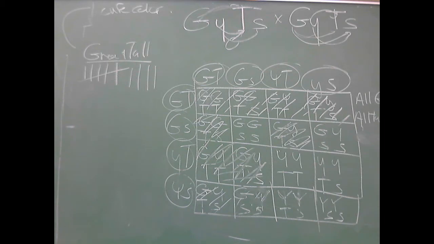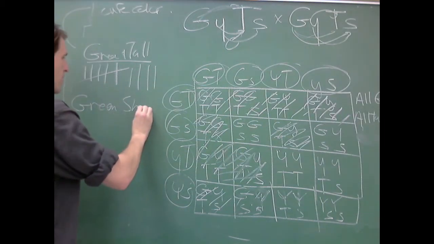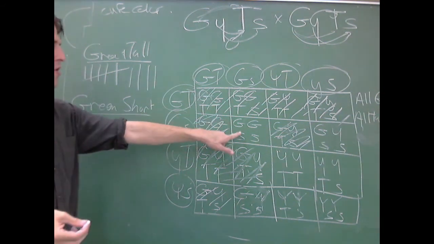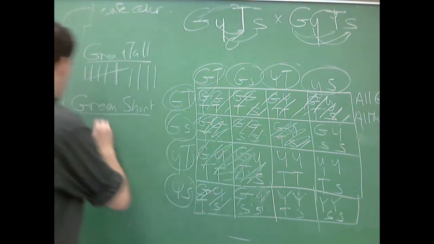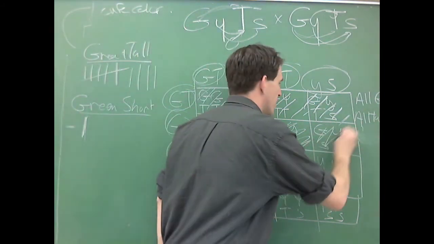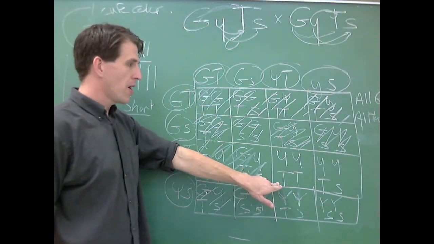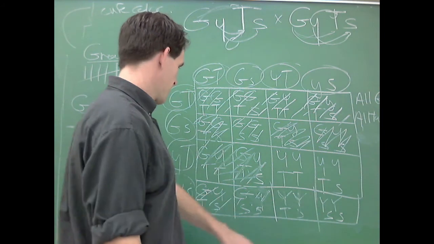All right. How many are going to be green and short? Well, green and short, right? Green and short. Yellow and tall, that doesn't work.